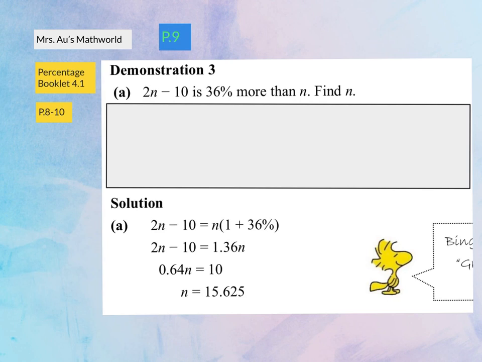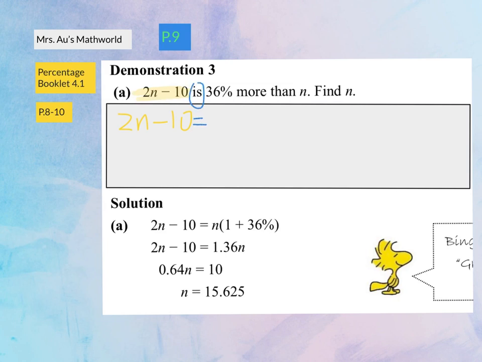One more short example to see how it works for a more troublesome question. This time the calculation is again the same, but the most difficult thing is at the beginning you have a very ugly expression. So 2n minus 10 is 36% more than n. Then we start with 2n minus 10 here, and the equal sign again.